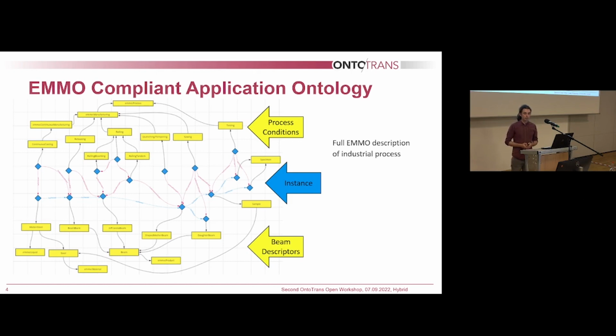These are the stages of the beam at various stages, so the concept of the molten steel and the daughter beam and its various stages. And in the middle, we see instances of these, and this shows how the process conditions and the beam are all interrelated.